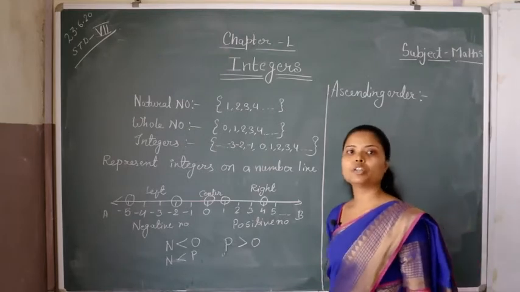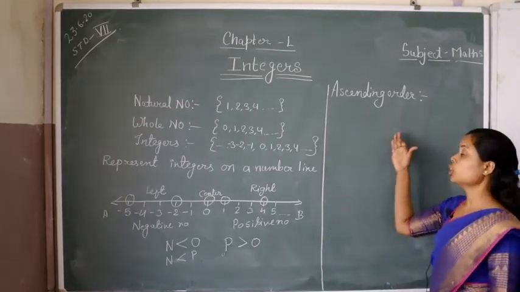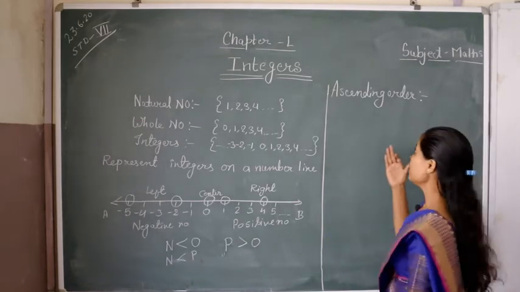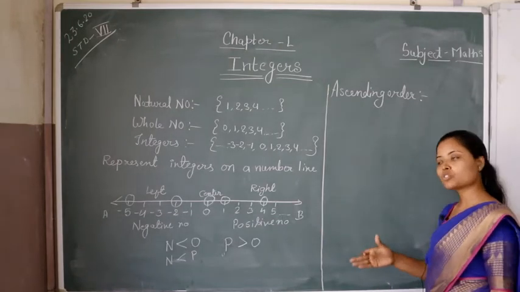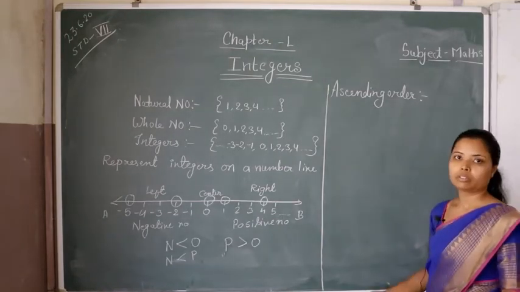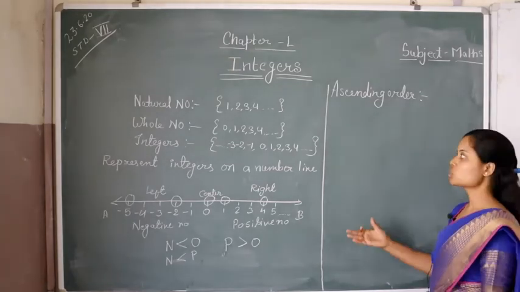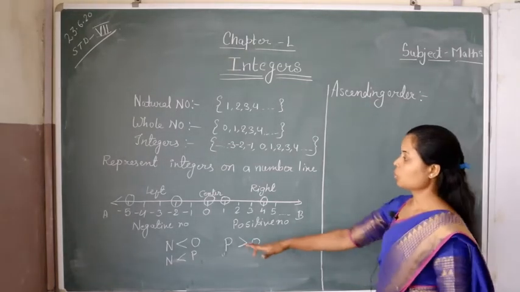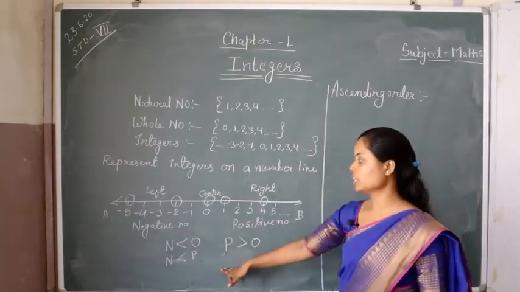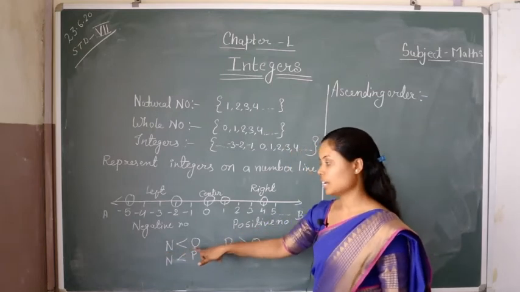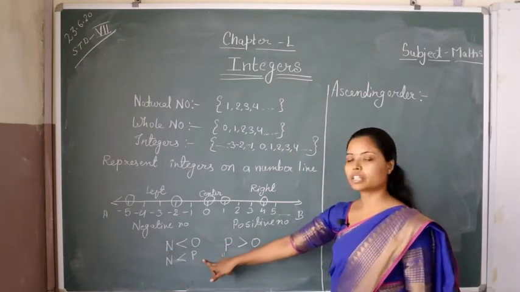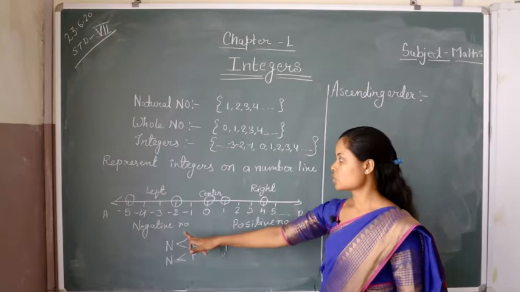As you have learned in your previous classes, ascending order means arrange numbers from smallest to greatest number. As we have learned here, negative numbers are less than 0 and negative numbers are less than positive numbers.